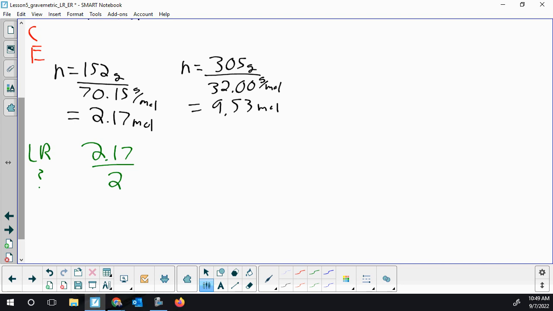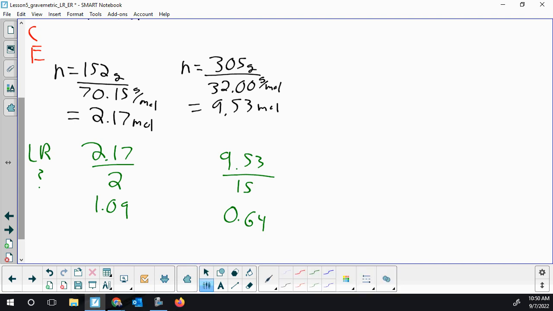Our second ratio will be 9.53 divided by its 15 coefficient. So we get a ratio of 1.09 for our first reactant and 0.64 for our second. I really don't care about putting units in because this is just a strategy to figure out what runs out first.